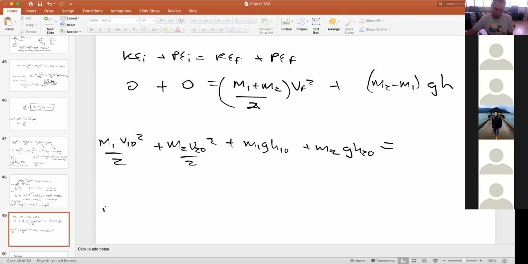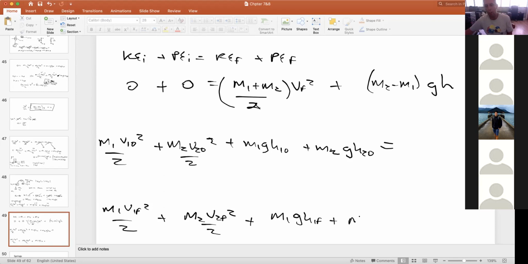Is equal to the final. But there's a whole bunch of stuff here that you need to understand. This part is easy to just write down. You can just write down that equation right there, those 8 terms, you should be able to just write down. What becomes hard is writing what are the V's, what are the H's.